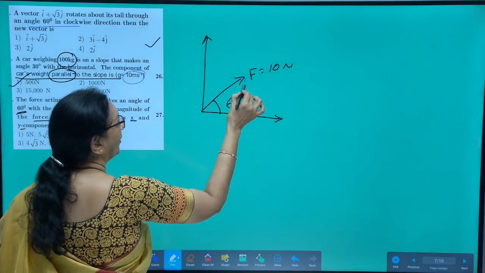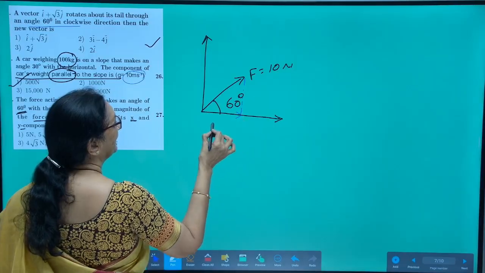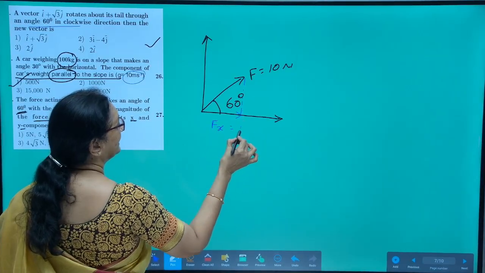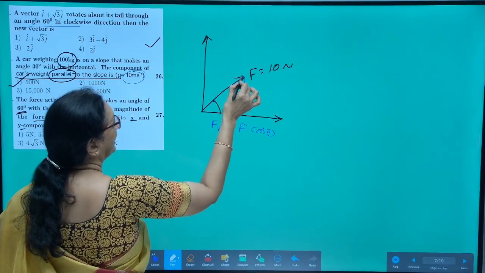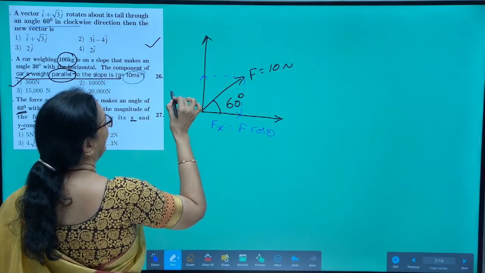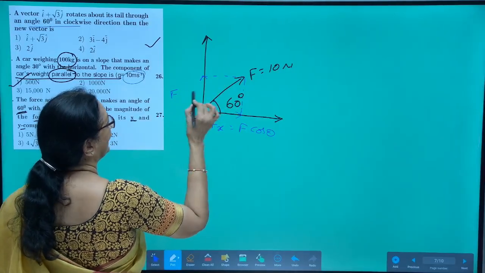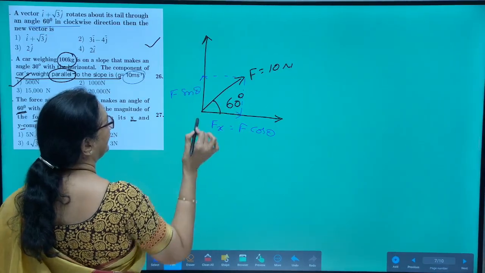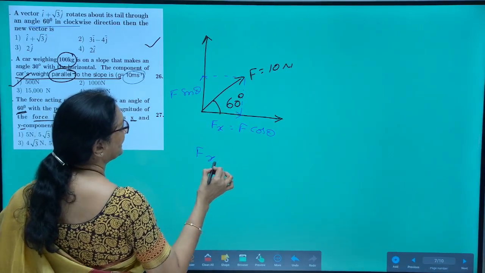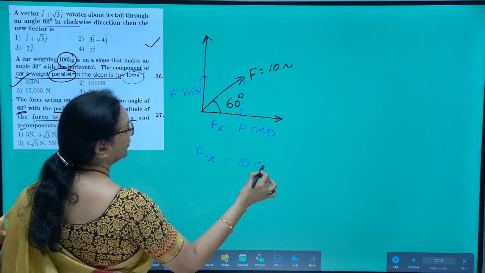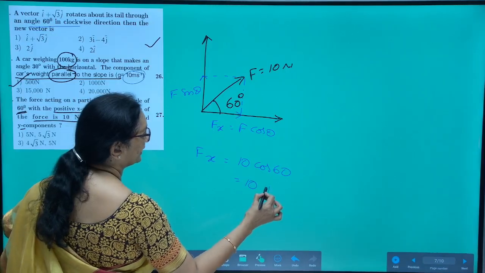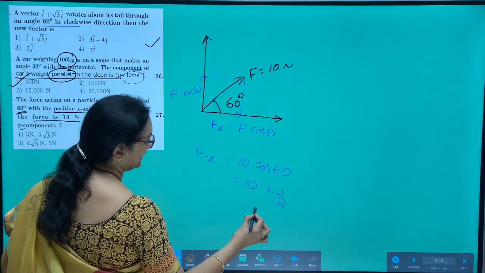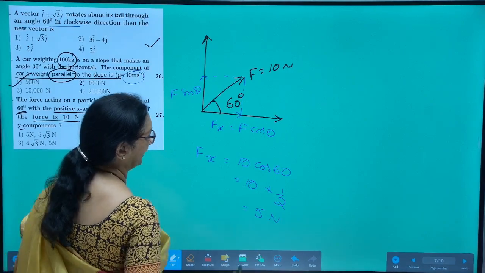So, the x component is this one, Fx, that is F along the adjacent side, F cos theta. The component along the opposite side is F sin theta. So, Fx is equal to 10 cos 60. We know cos 60 is equal to half. This is 5 Newton.